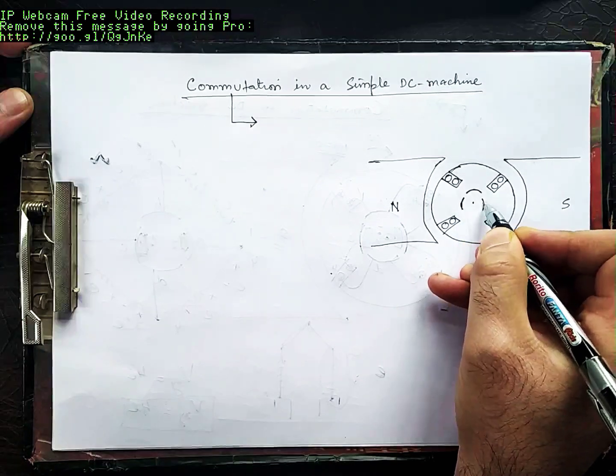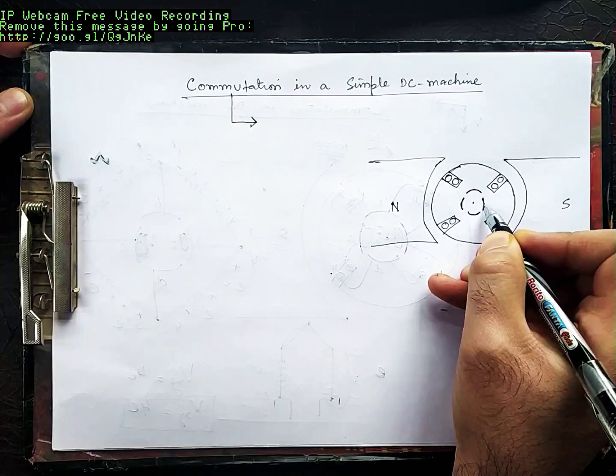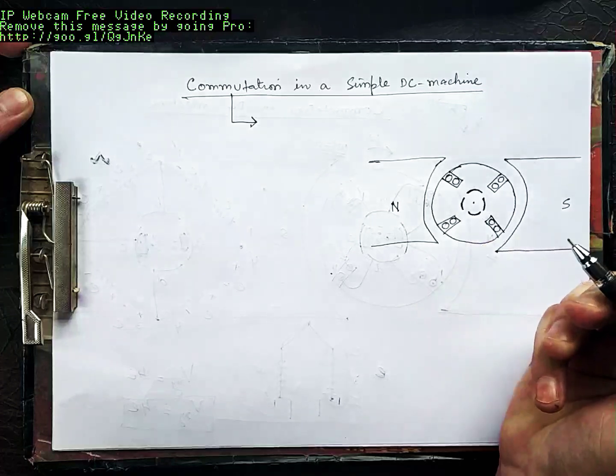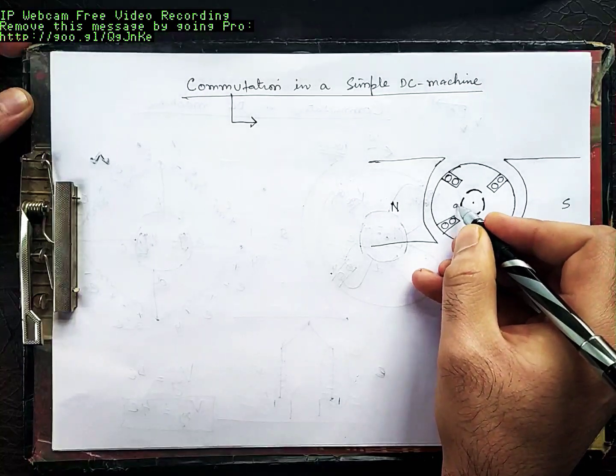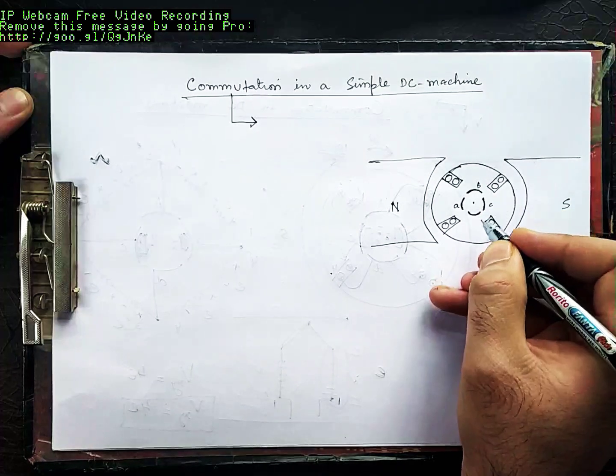These are the 4 commutator segments. Call this A, we'll call this B, we'll call this C, and we'll call this D.